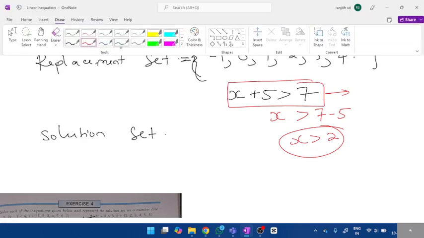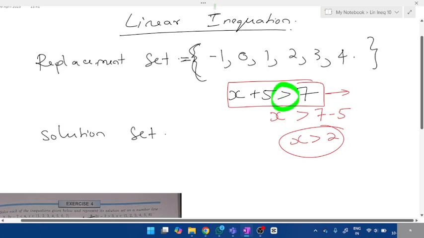Look at the symbol and tell me, is this an equation or an inequation? Inequation. Linear, only one alphabet, x, is present. So this is known as a linear inequation. In that we found the value of x: x is greater than 2.